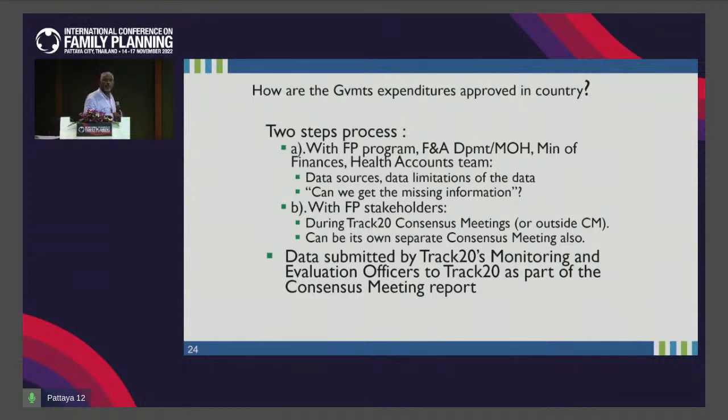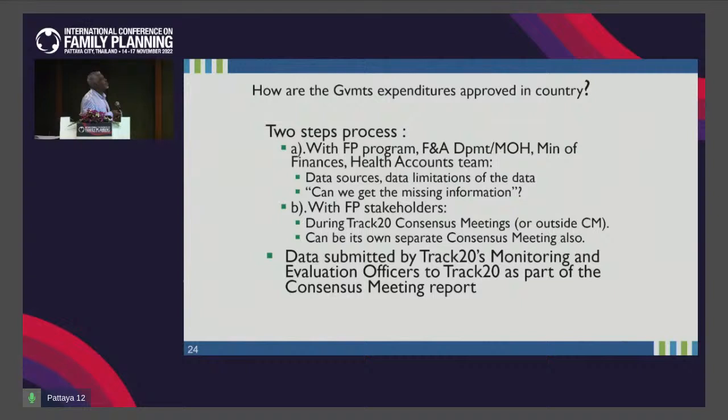For example, in Cote d'Ivoire, we work with the health account team. They help us correct things, and they came up with some very good solutions as to how we could do some estimates. During this first step, we look at what the data source is, what the data limitations are, and whether we can get some missing or better information.